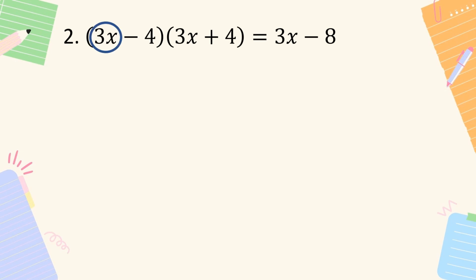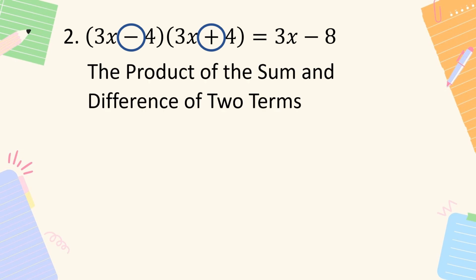Notice that our first terms are the same. Our last terms are also the same. But the operations are different. So this special product is what we call the product of the sum and difference of two terms.